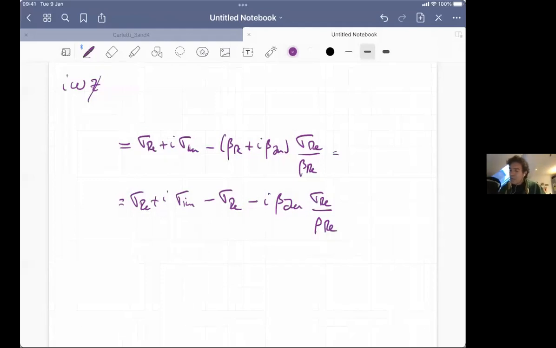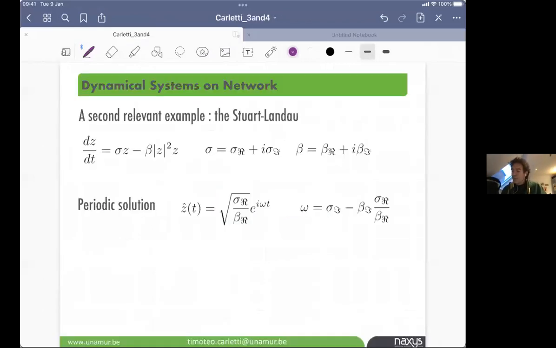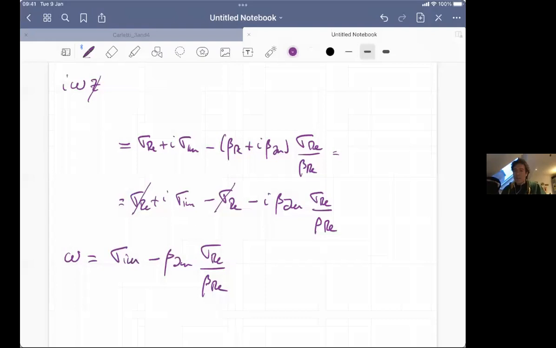Then you see that the sigma real and sigma real cancel. There is one i that is on the left and the right. So at the end, you have omega is equal to sigma imaginary minus beta imaginary times sigma real divided by beta real. And indeed, it is what I wrote in the first equation. Omega is the imaginary part of sigma minus imaginary part of beta times this ratio, which is exactly this equation.